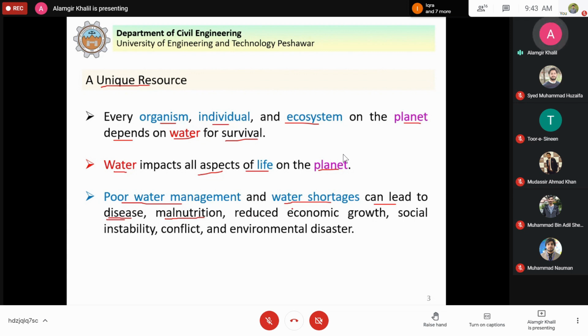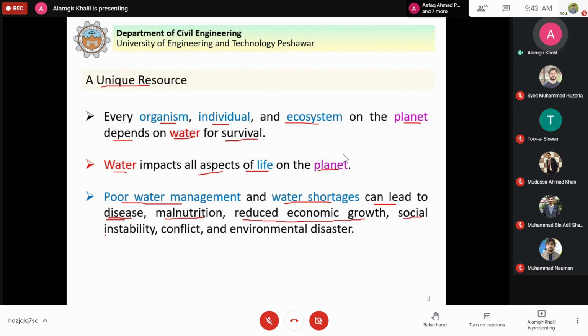If we have water shortages, it can result in reduced economic growth because water is used for industrial purposes. Water is used for hydropower production. Water is used for agriculture production. So if we have water shortages or poor water management, it can result in reduced economic growth of a country.